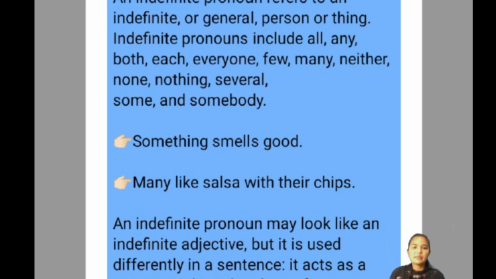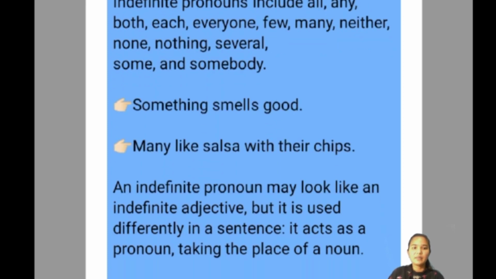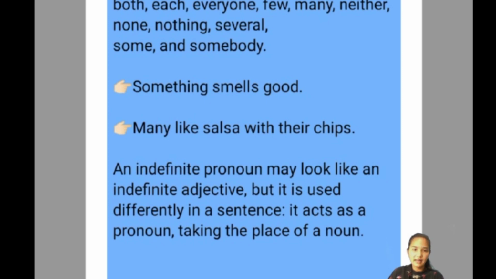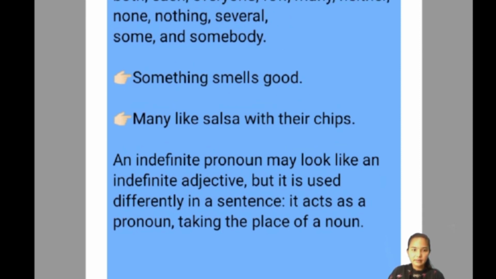Just like, something smells good, many like salsa with their chips. An indefinite pronoun may look like an indefinite adjective. The same thing is here, that it may also act as an indefinite adjective, but it will be accordingly, right?